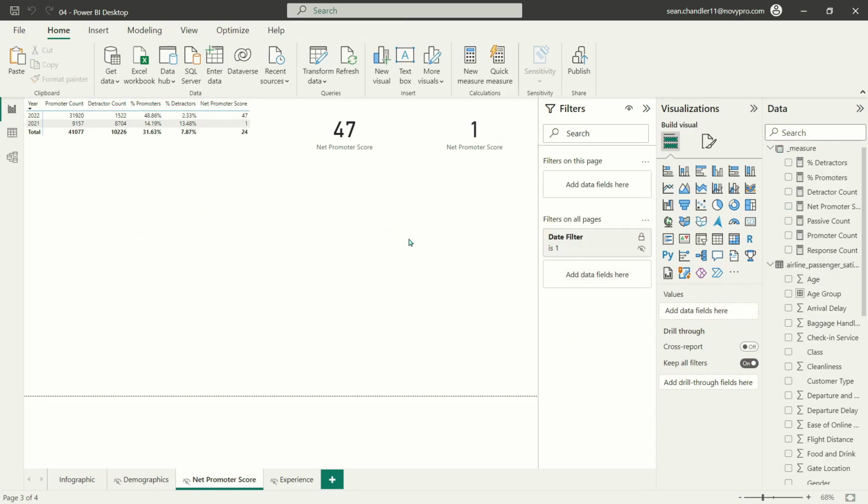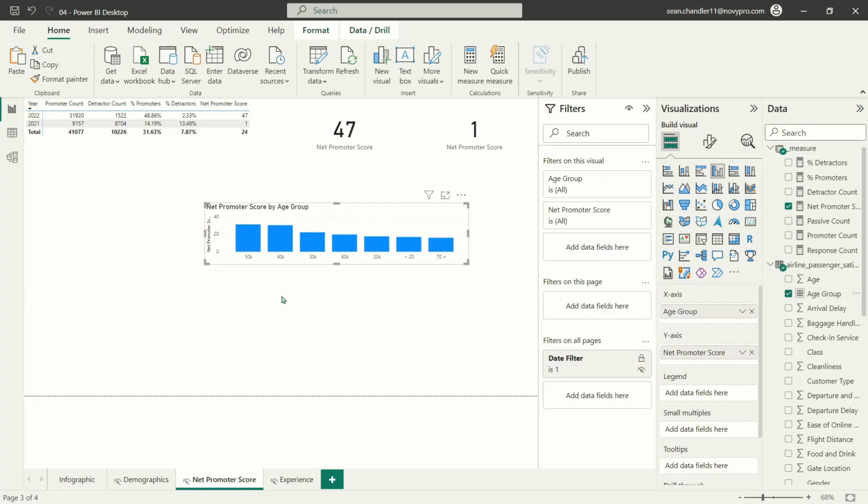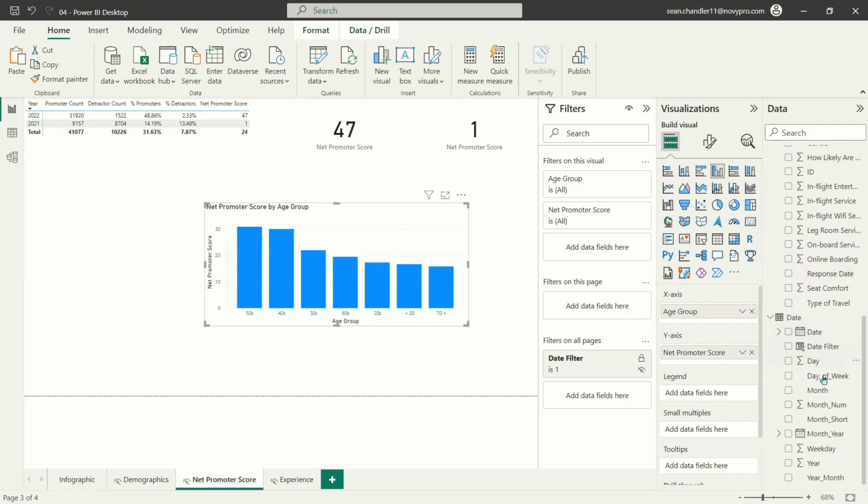So our first instinct might be to just take our Net Promoter Score and start visualizing it by a whole bunch of different attributes from our data. Maybe we want to see what the difference between 2021 and 2022 looks like for age group. Right now we just have all NPS. Maybe we want to directly compare years.